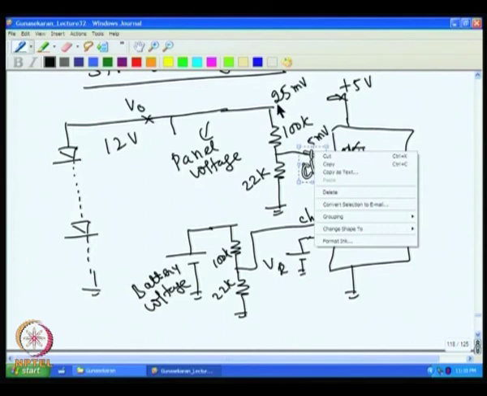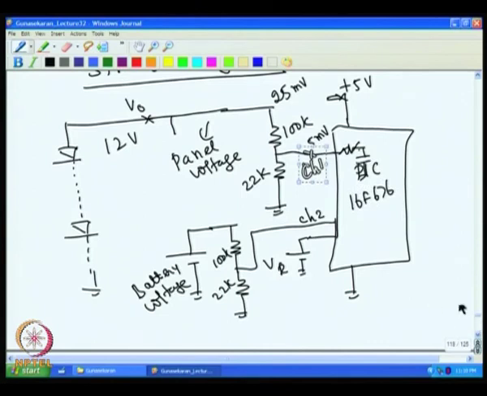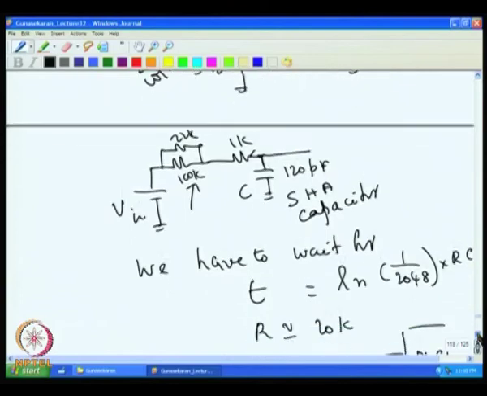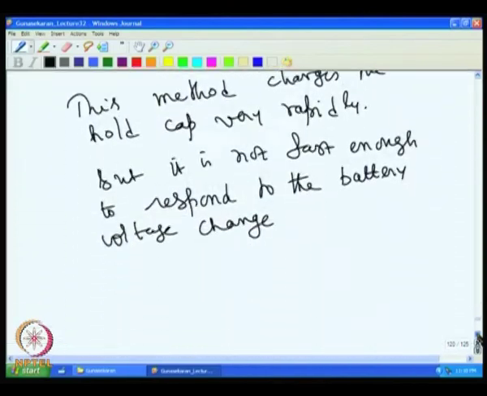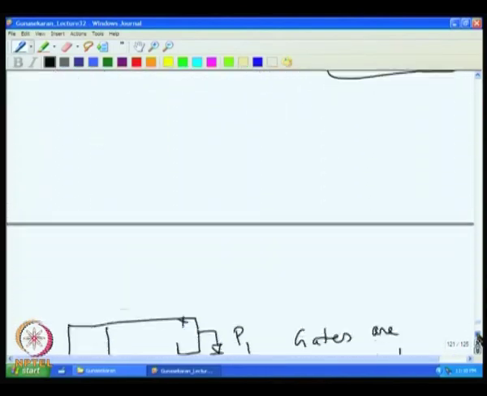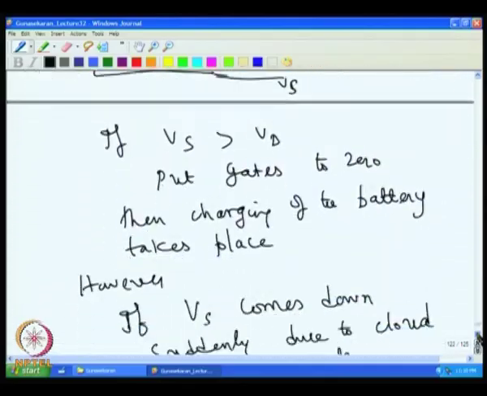That means the ADC cannot detect a change of less than 25 millivolt, so the minimum detectable voltage at the panel is 25 millivolt.